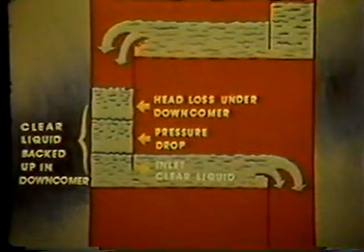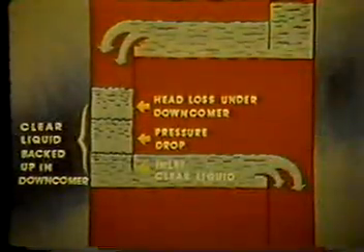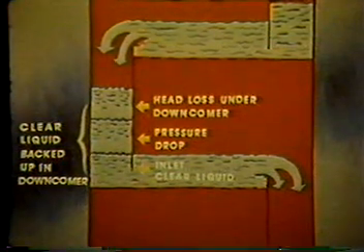If the tray design indicates that the downcomer capacity is inadequate, several variables can be analyzed to attempt to increase the downcomer capacity. In order to increase the downcomer capacity, the effective clear liquid height in the downcomer must be lowered. The inlet clear liquid height can be lowered by decreasing the weir height or by lengthening the weir length.